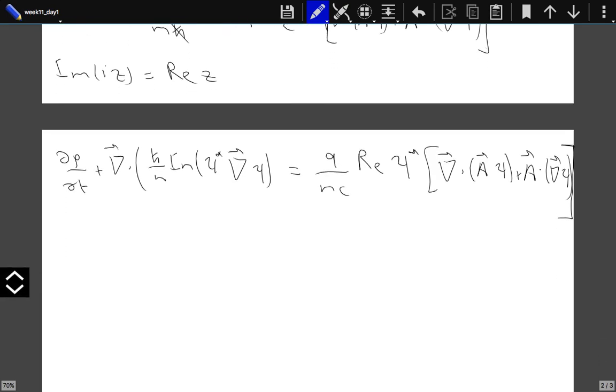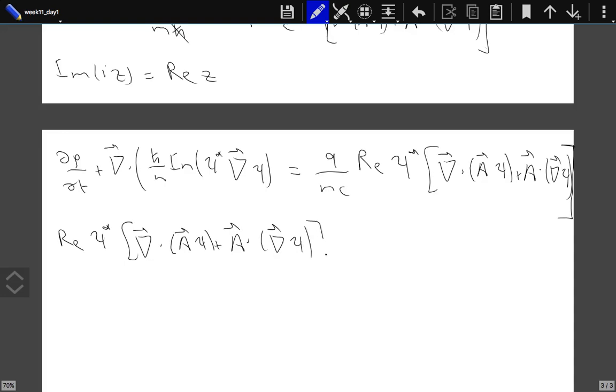Now let's continue. Let's look at these terms. What's the real part of that expression? The real part of psi star divergence of A psi plus A dot gradient psi is equal to psi star divergence of A psi plus A dot gradient of psi.